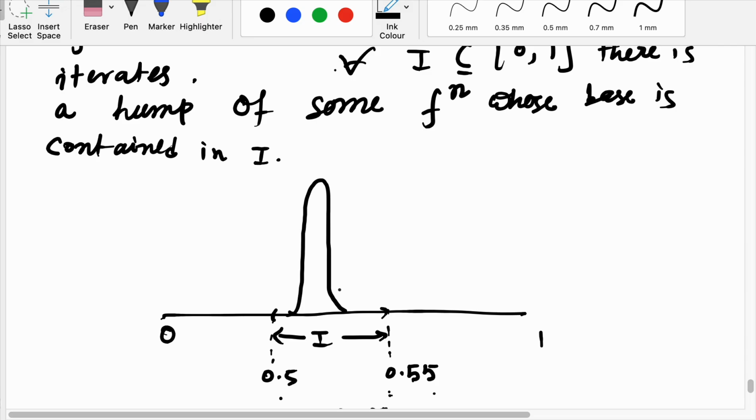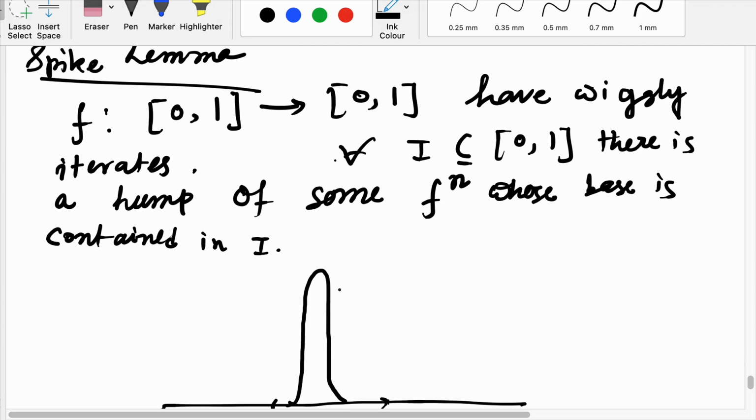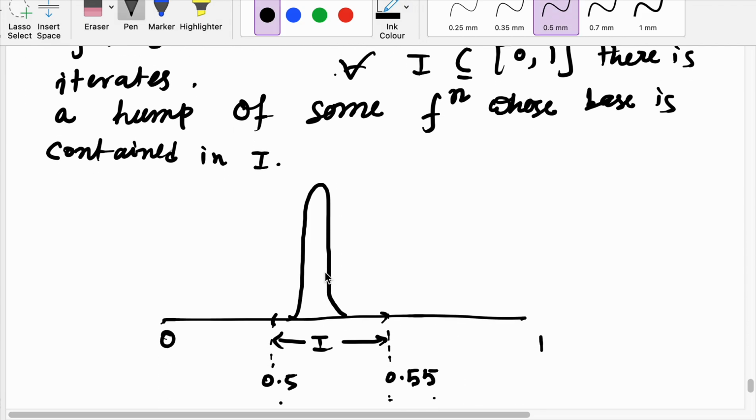And one thing to notice here, so why it is called the spike lemma, we have already discussed that whenever we increase n, it becomes more and more spike-like, so its base will decrease, and it has to attain the point 1 and decrease to 0 again.